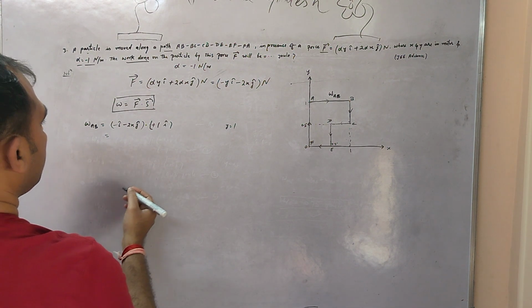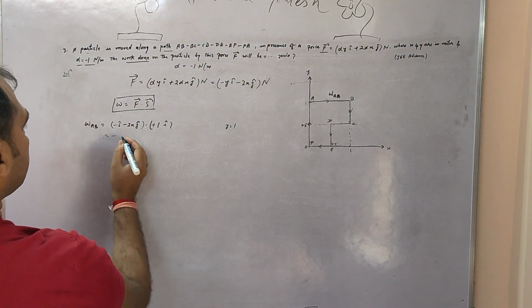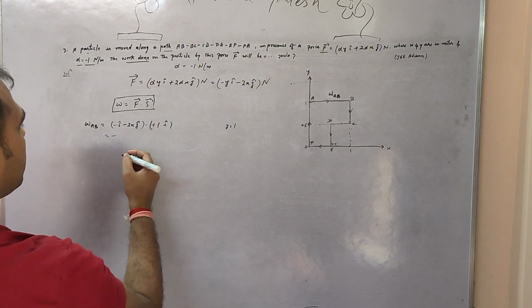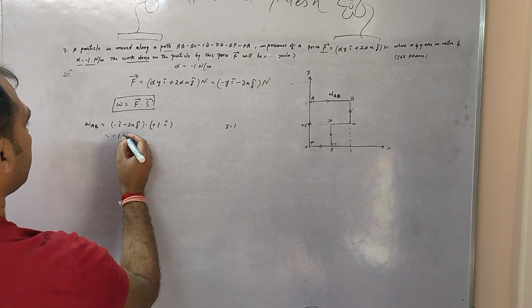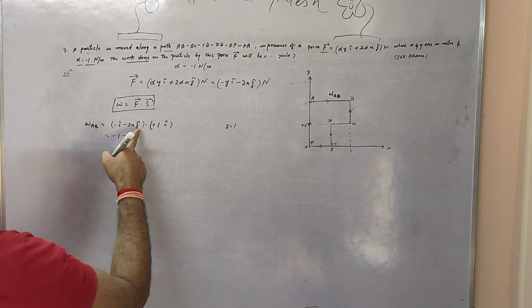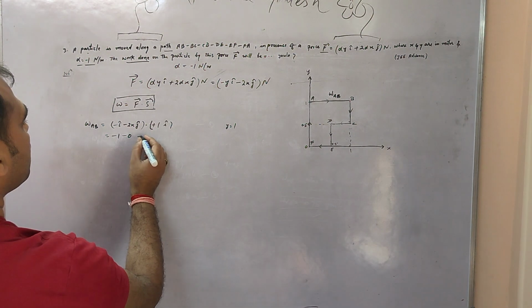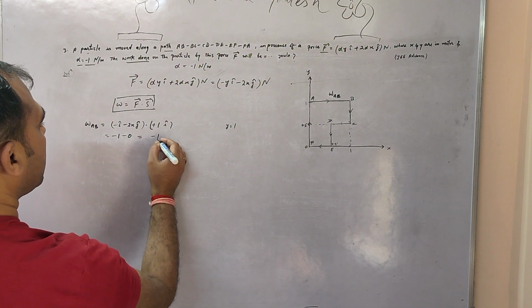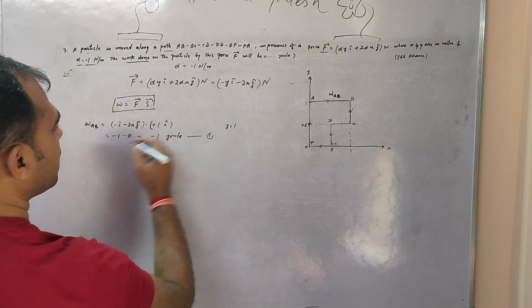Now minus into plus, that will be minus i dot i, that will be 1. So this will become minus 1, minus j dot i, that will be 0. So work done from A to B, that will be minus 1 joule. This is our equation number 1.